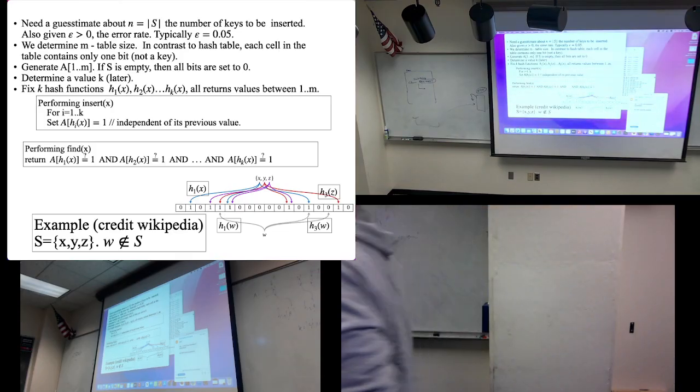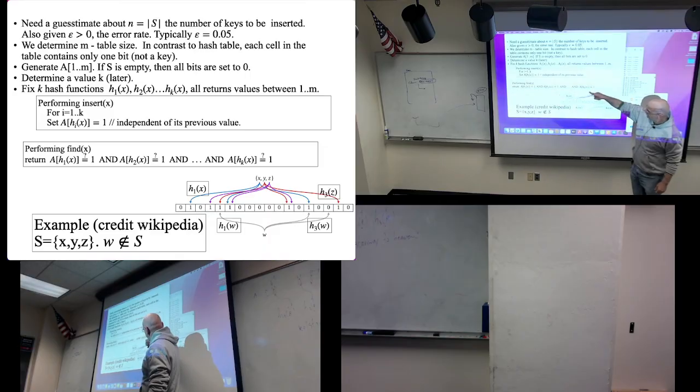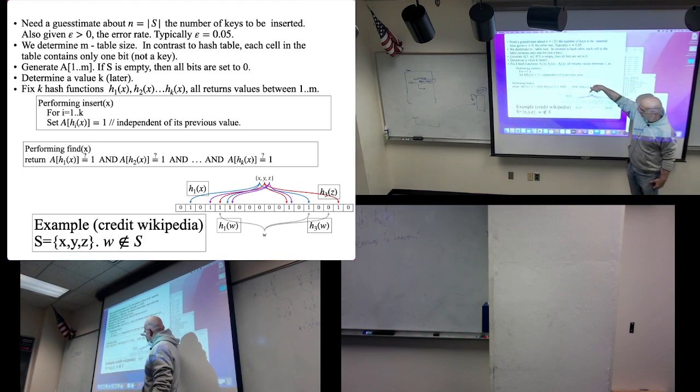And this image that I credit to Wikipedia, I have a few words, not necessarily characters, just for the sake of going. I look at the word X, compute the 3 hash values that correspond to it. These are the blue guys.